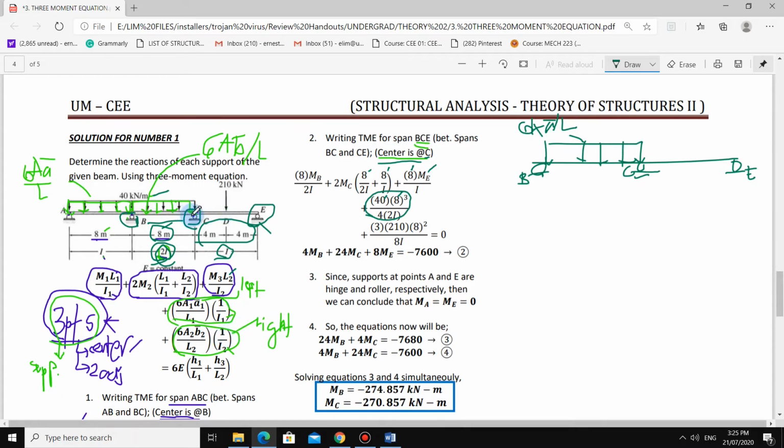So in this case, on the left side is segment CE. So at the center there is a loading of 210. Okay, so it varies now, guys, right? Because it monitors 6A A bar over L, then monitors 6A B bar over L. That is due to the concentrated load at midspan.